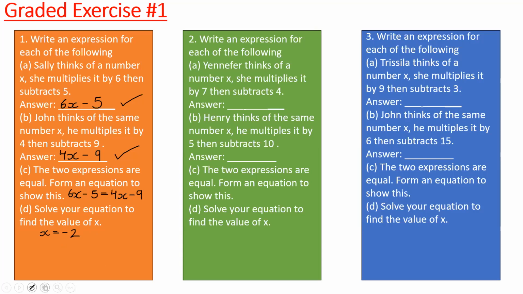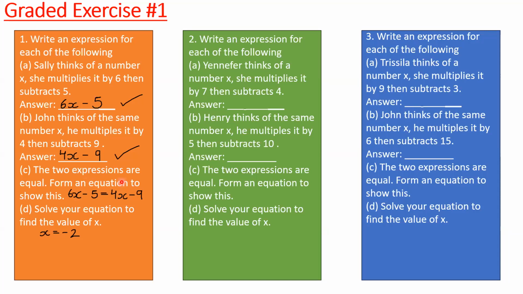Can someone explain how they got the -2? Okay, so we would write 6x minus 5 equals 4x minus 9. Then we would group them into like terms, so 6x minus 4x, which gives us 2x, and -9 plus 5, which gives us -4.